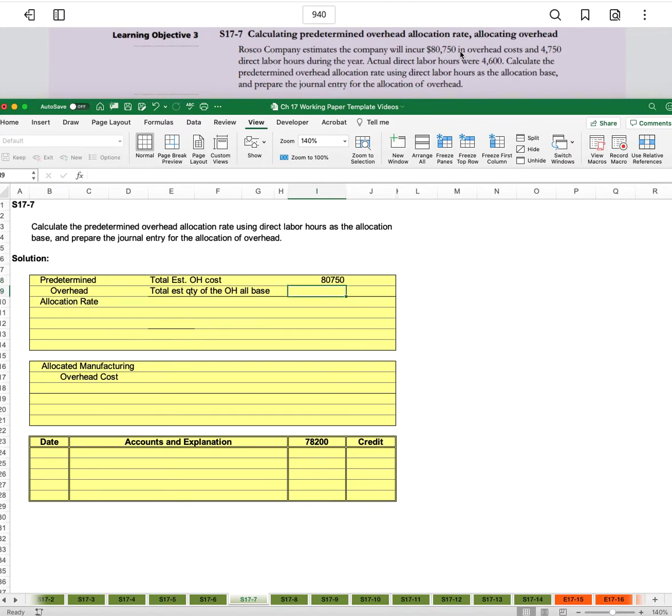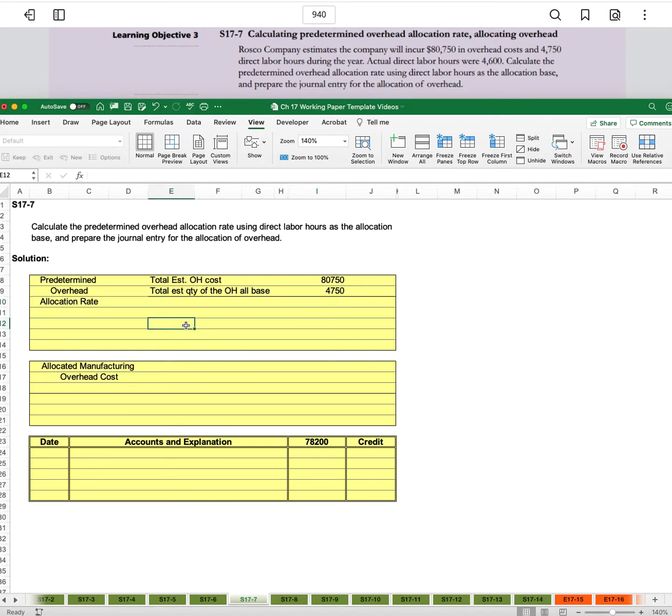The total estimated quantity of the base, which they told us was direct labor hours, is 4,750. Again, they gave us actual direct labor hours, but this predetermined overhead allocation rate gets calculated before the period begins, so right now actual labor hours is not relevant.